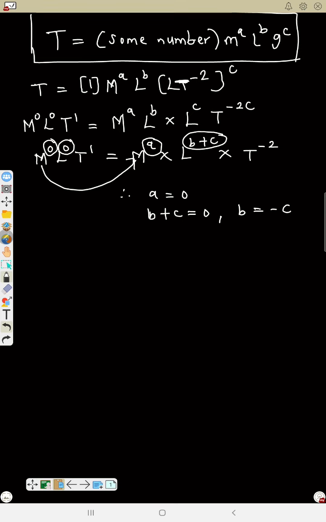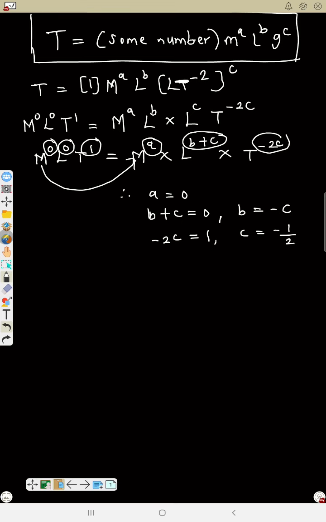Collect the like terms. Now the power on T is minus 2C here, and the power on T on the other side is 1. That means minus 2C is equal to 1, then C is equal to minus 1 over 2.